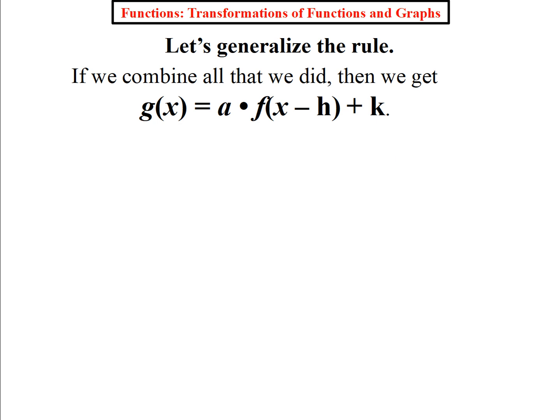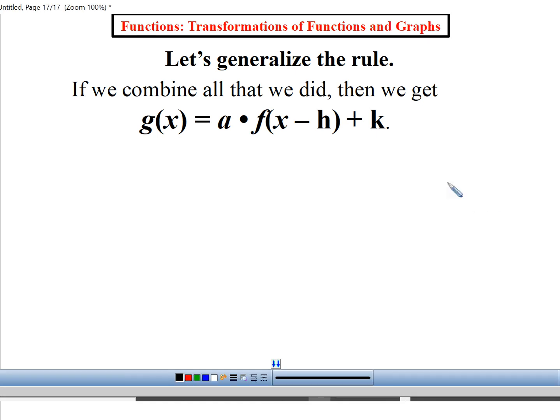And for reminders, what do I write next to k to remind me what it does? Yeah, arrows up and down, to remind me that if it's plus, it goes up, minus, it goes down. How about h? Left and right. So right if it's positive, left if it's a negative number that we substitute in there.